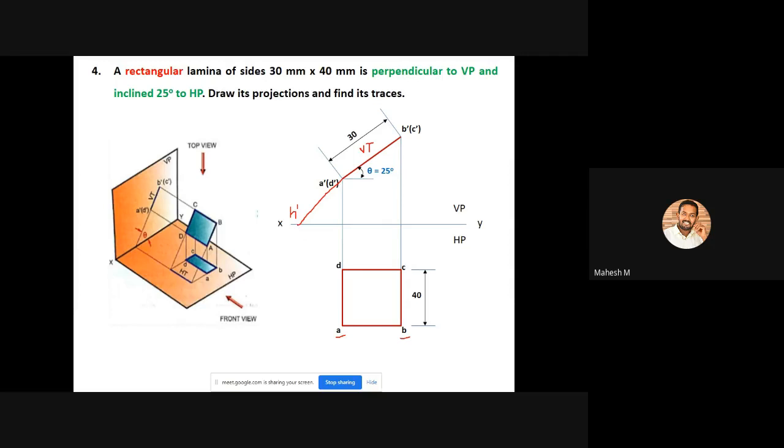Next you can create a vertical line like this, and you can project the point called D up to this vertical line, and also project point A up to this vertical line. So you will be getting another two more points. So you can create a bold line in between these two points. This bold line is actually our horizontal trace.